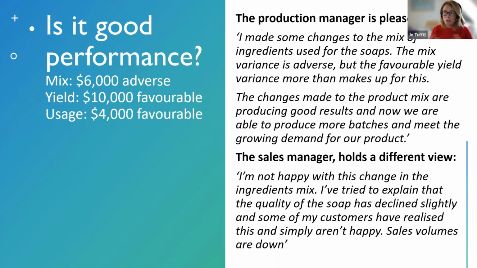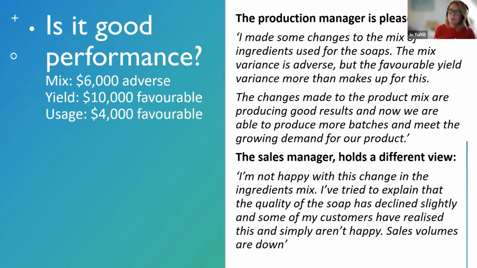Now, good performance, yes, if the quality of the soap hadn't changed. But what we've done is create a lower quality soap. It's basically probably weaker. It's gone further, so it's produced more soap. It's a bit like we've watered down the soap with more oil, and so that has reduced the quality.